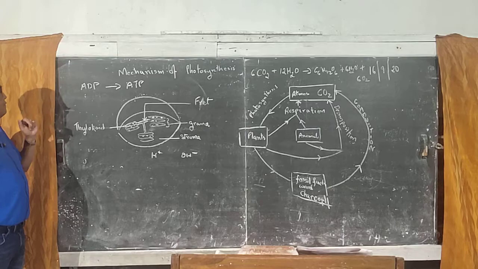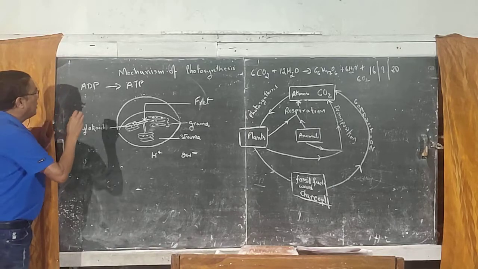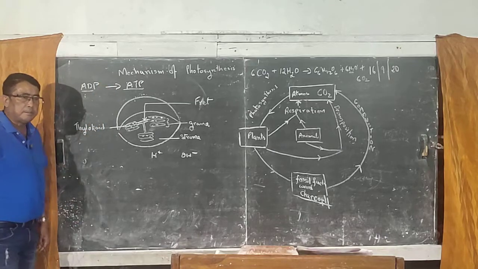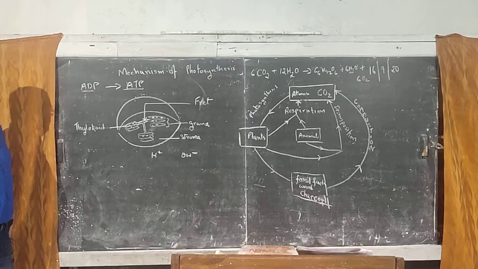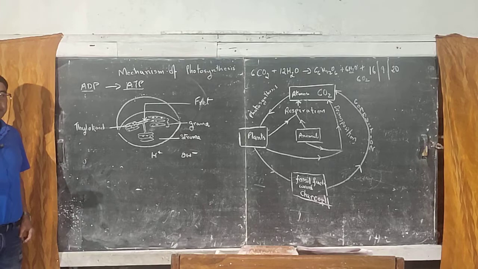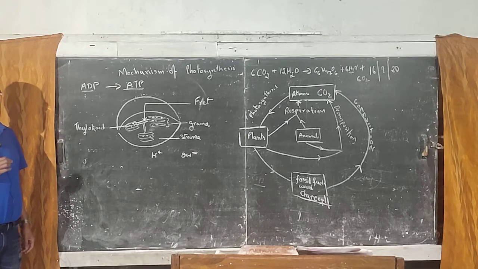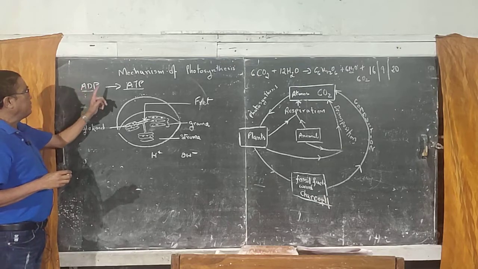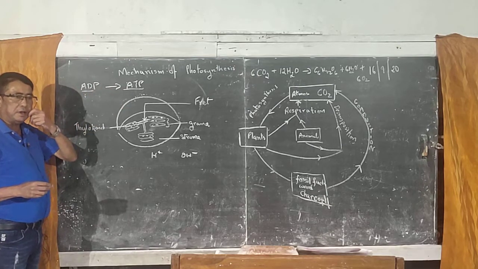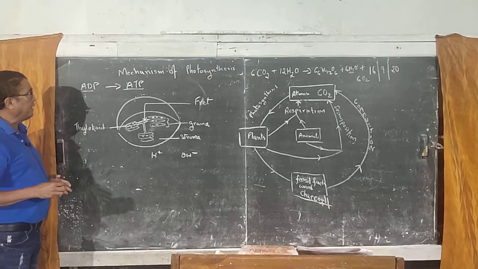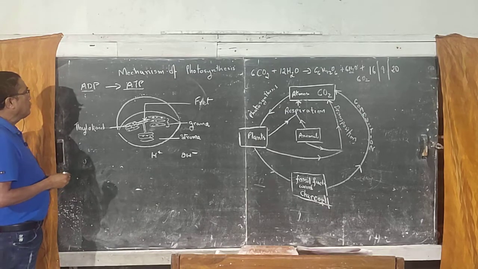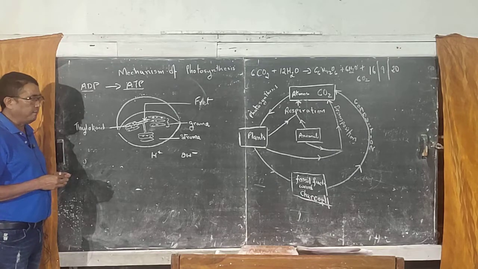The process of conversion of ADP into ATP molecules is termed photophosphorylation. The process of conversion of ADP into ATP by using the energy released during photolysis is called photophosphorylation.